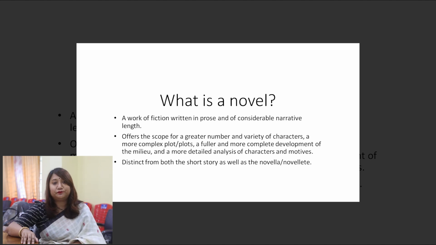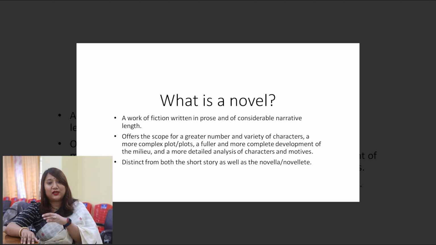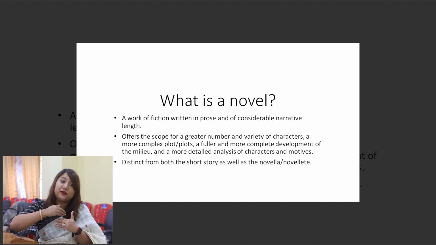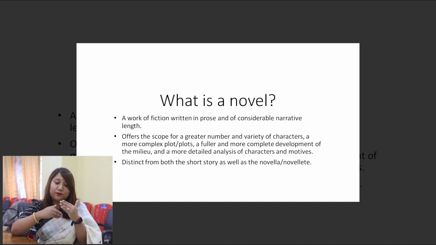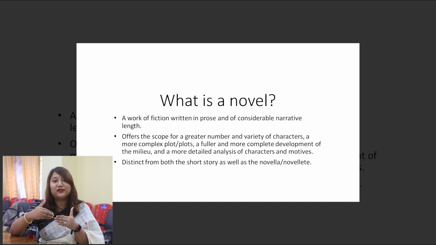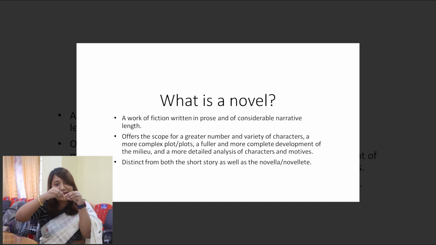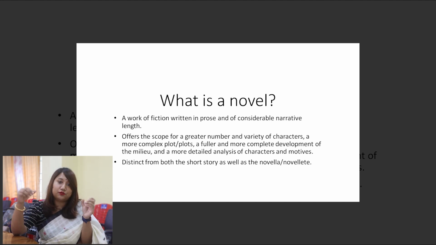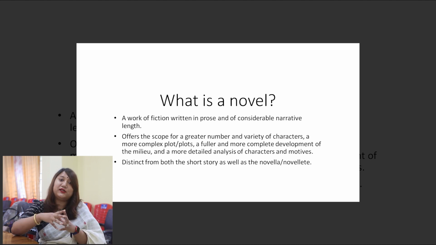In novels, the writer has the freedom to introduce a larger number, a greater multitude, as well as a greater variety of characters. So you can meet so many different characters in a novel, right? Each character will exhibit different traits, different personalities. Because it is a lengthy narrative, we have the freedom to introduce such variety in characters.